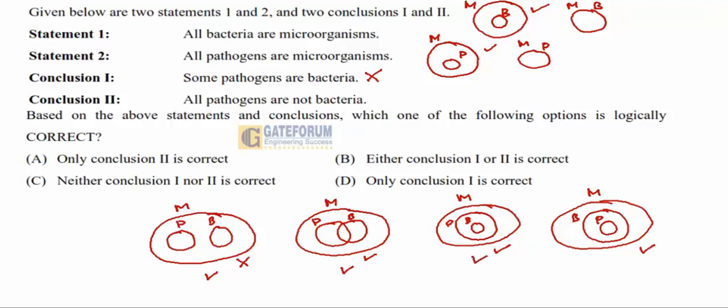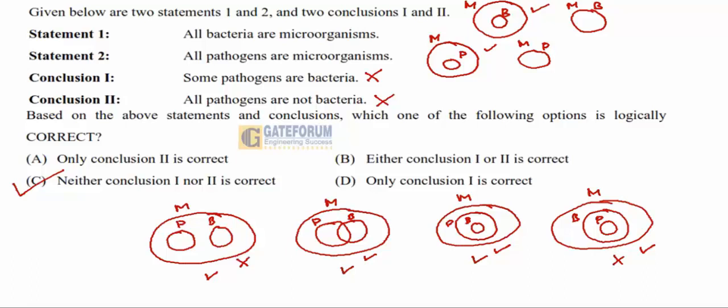But all pathogens are bacteria or not bacteria, this is absolutely incorrect because all pathogens are bacteria in one of the cases here. So if one is incorrect, then the whole conclusion becomes incorrect. So this is also incorrect. Hence I will say neither conclusion 1 nor 2 is correct. So that's the correct answer.